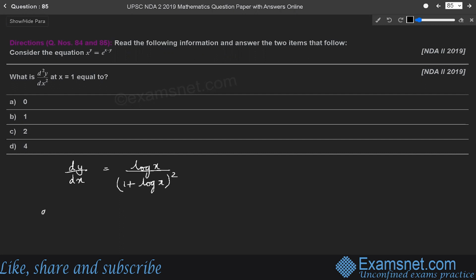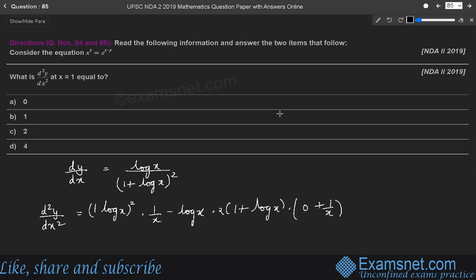So, d square y upon dx square will be equal to 1 plus log x square into 1 by x minus log x into 2 into 1 plus log x into 0 plus 1 by x, whole divided by 1 plus log x whole square.